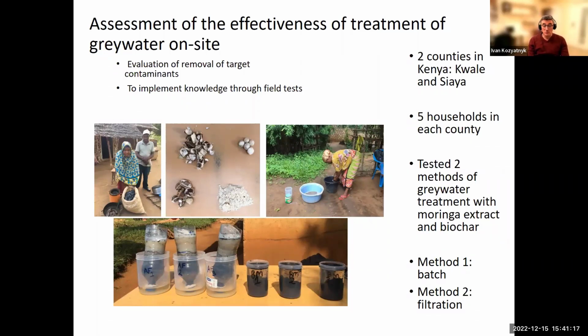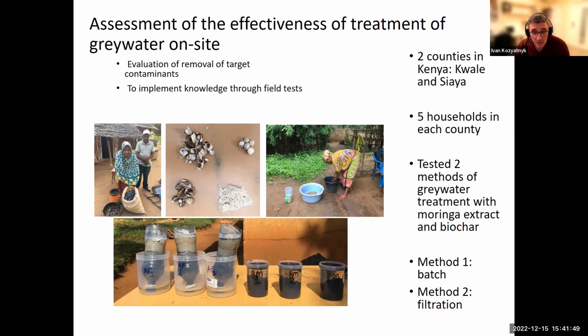We tested 2 methods for grey water treatment. At the beginning, we asked women in these small farmer households to wash clothes as they usually do. And then we tried to treat this water in filters consisting of locally available sand and locally produced biochar.